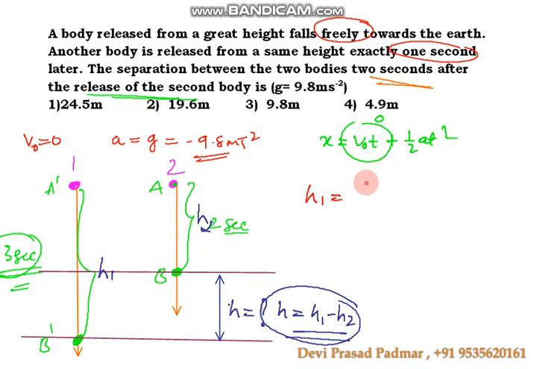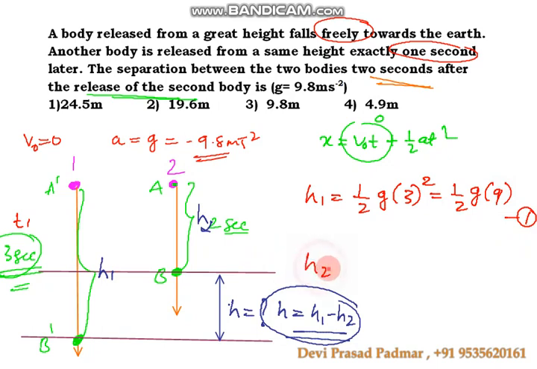V naught t is 0, half into a, where a is acceleration due to gravity g, into t square. The time for first body, t1, is 3 seconds, so h1 equals half g into 9, since 3 square is 9. Let it be equation number 1.